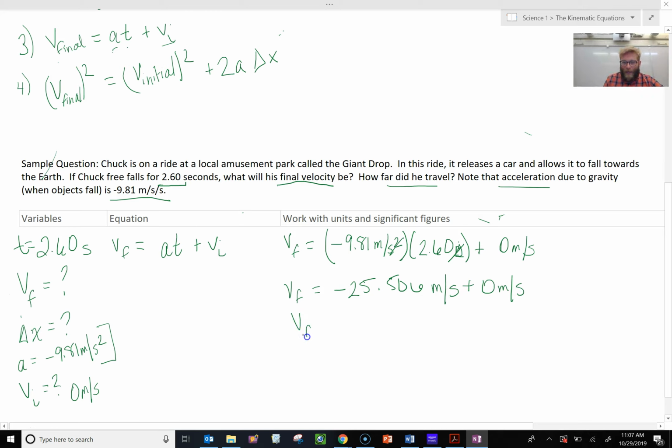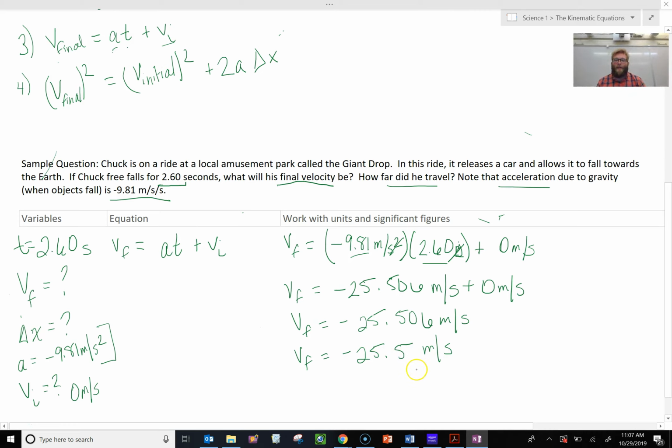However, my value will not change, so my final velocity is negative 25.506 meters per second. I know that I only have 3 significant figures based on the question and what I'm multiplying together, so my final answer with sig figs should be VF is equal to negative 25.5 meters per second. That would be the final velocity of the car as it's traveling.